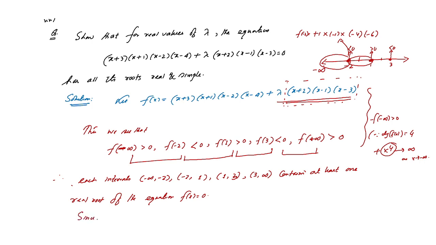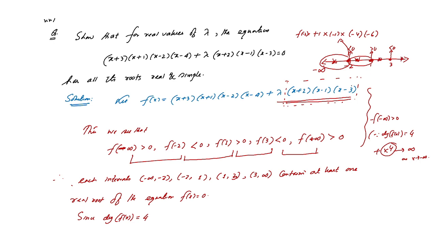Now what is the degree of f of x? This is equal to 4, and it has 4 real roots. One lies between minus infinity and minus 2, others lie between minus 2 and 1, 1 and 3, and 3 and infinity. Here one real root, here also one real root, here also one real root.